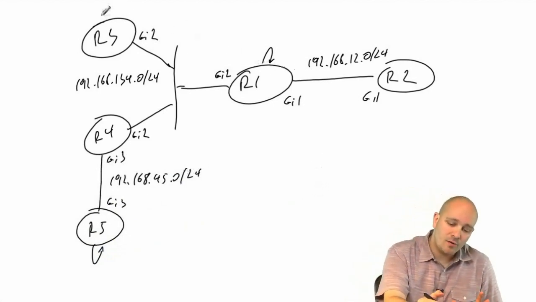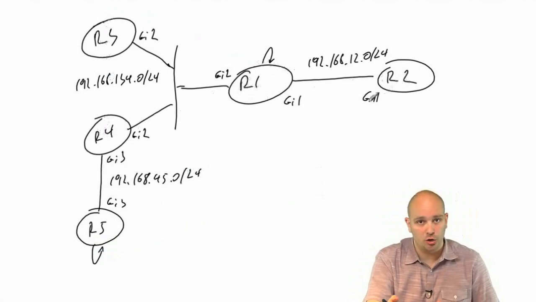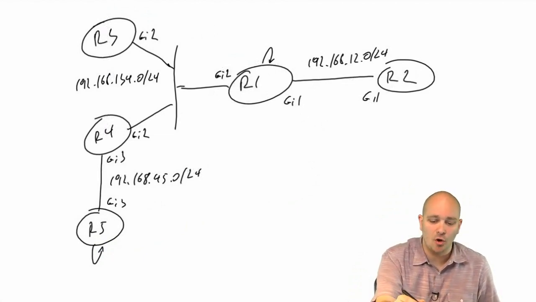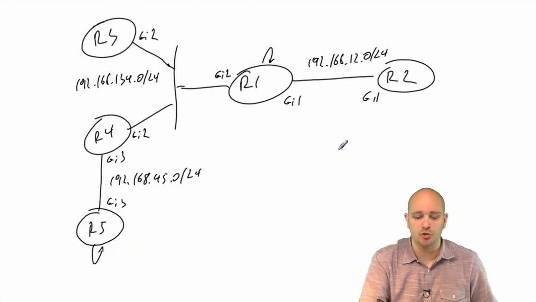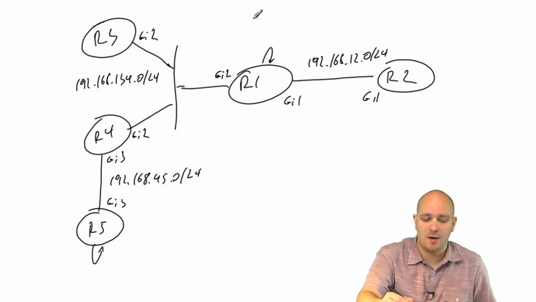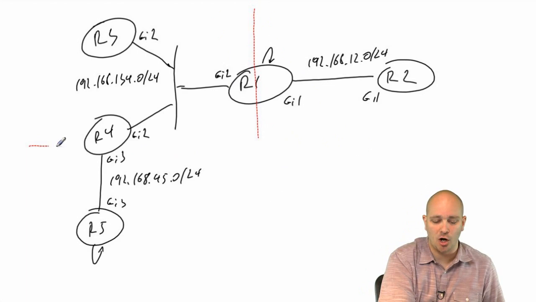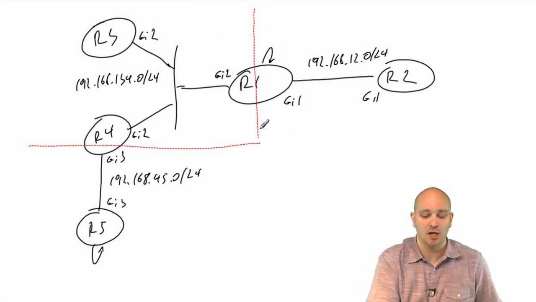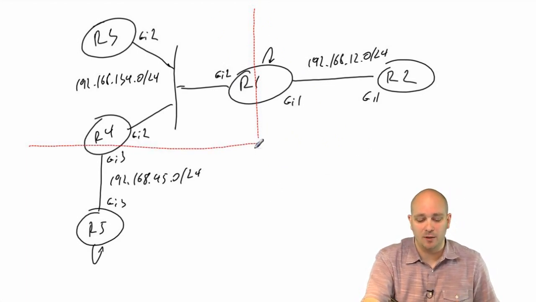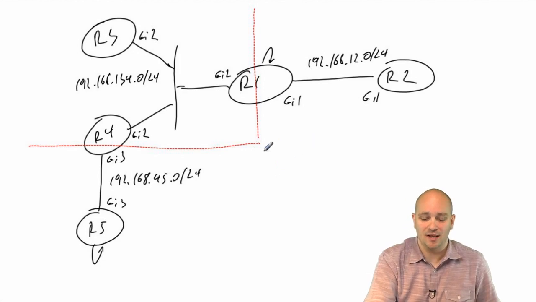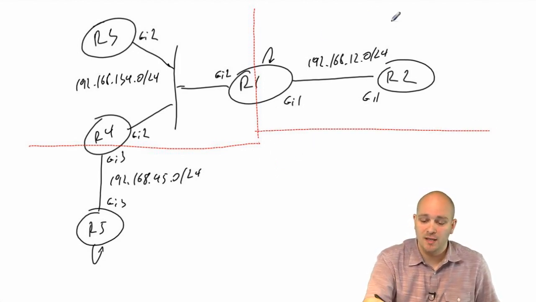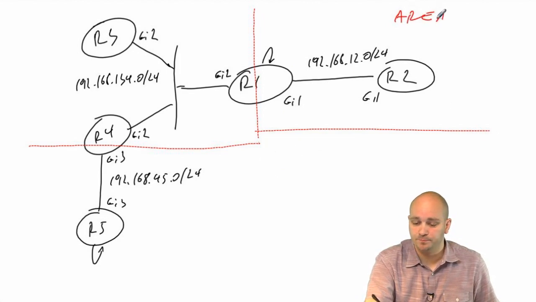Routers R3, R4, R1, and R2 were all operating in area 0, but this is something that I'm going to change now. I'm going to make my router R1 an ABR, and I will make my router R4 an ABR here. So I'm going to divide my network into really three areas. Routers R1 and R2 are going to be in area 12.